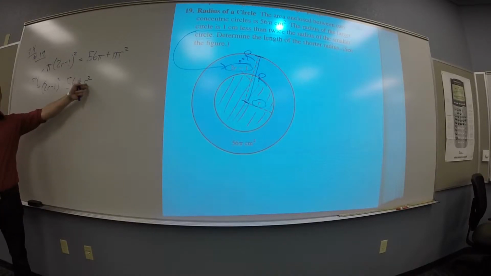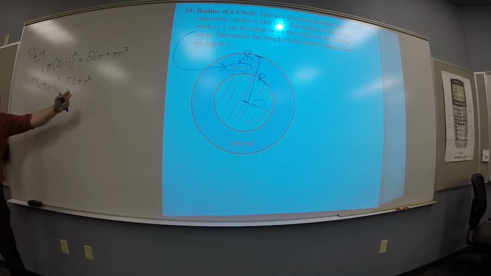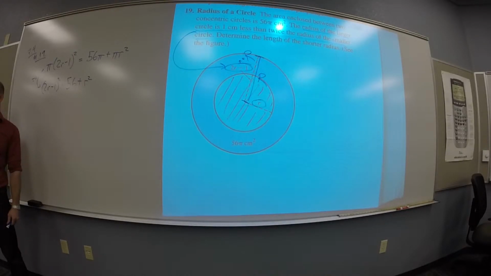If there wasn't an r squared over here, I'd just extract roots. Damn it. There's an r squared over there, so what do I have to do? Distribute, kind of. Does this distribute? FOIL, maybe?